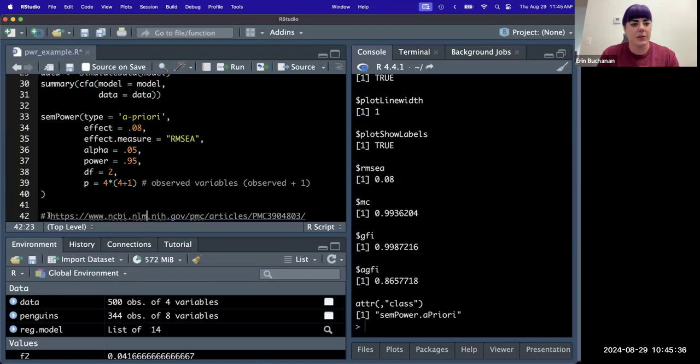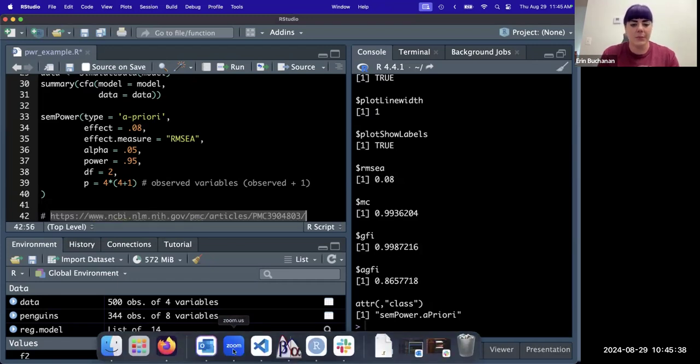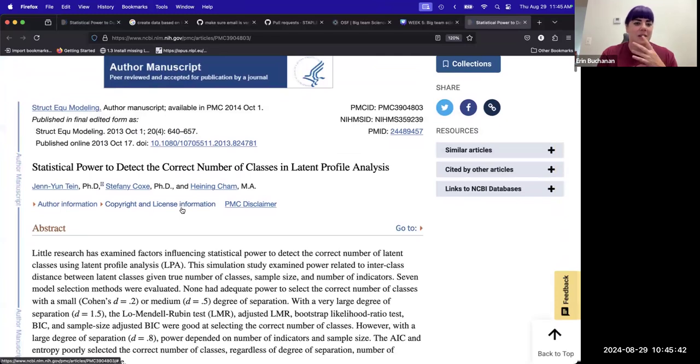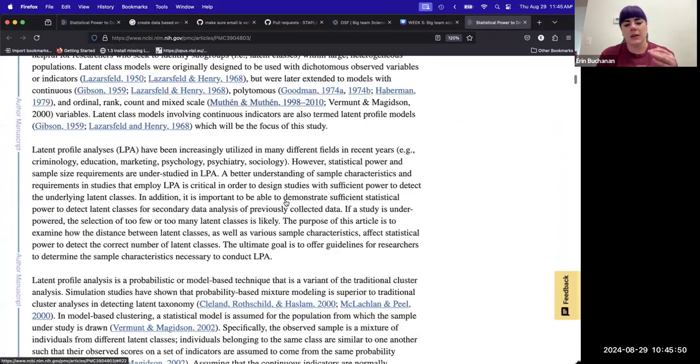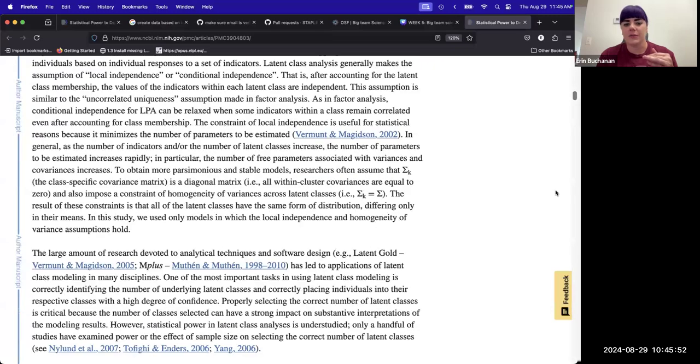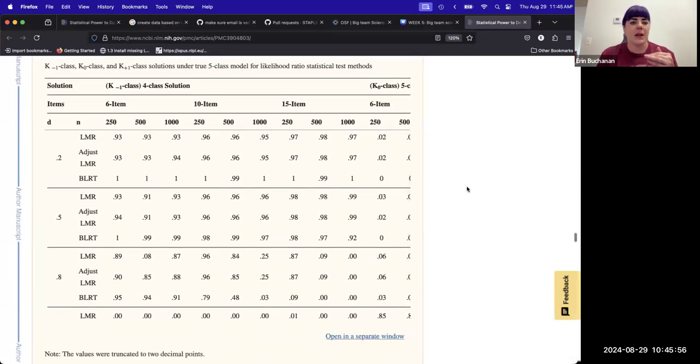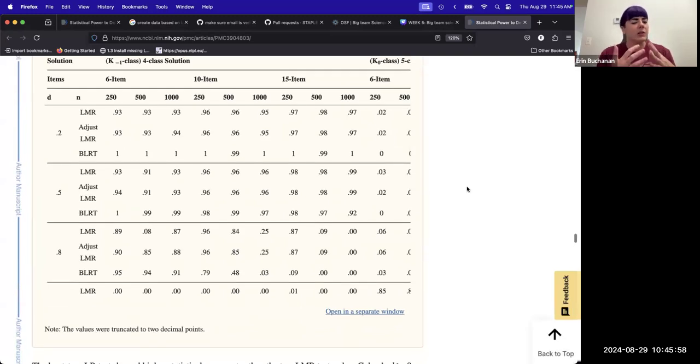If I can get this to open. I found this paper that talks about detecting the number of classes. So how do I figure out the right number of classes? And I can throw this link in the chat here for you in a second, but they've got this really fantastic table, and what it looks like to me is it's based on the difference in the effect size for your predictors between classes.